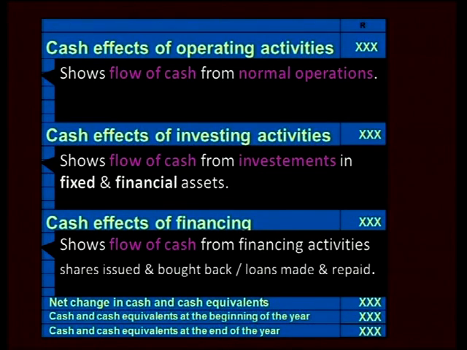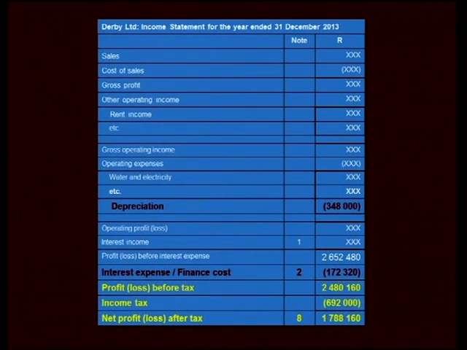Okay, so let's start with the information in the income statement again. Remember now, the net profit at the bottom here says 1,788,160. And I want to know why 1,788,160 does not reflect the money in the bank.